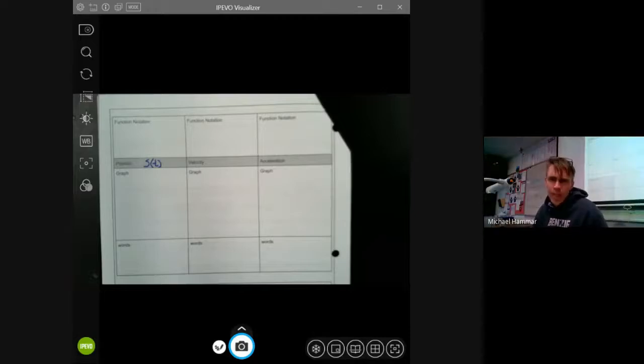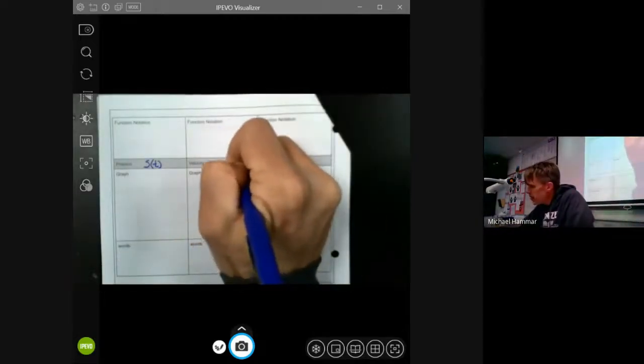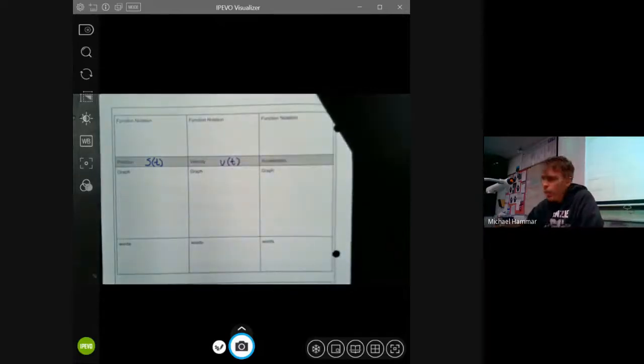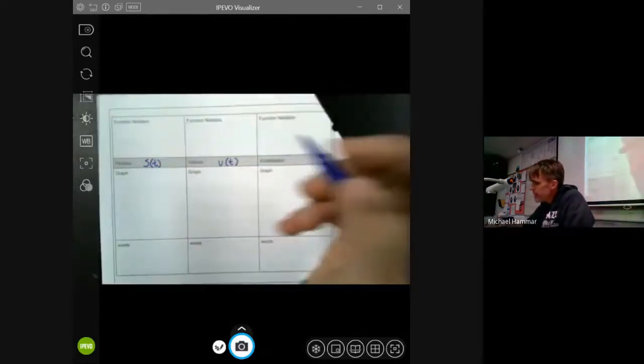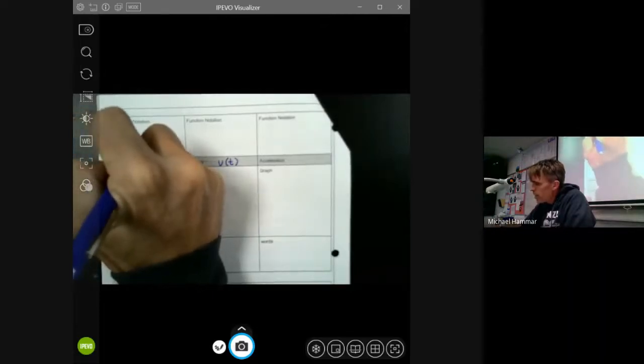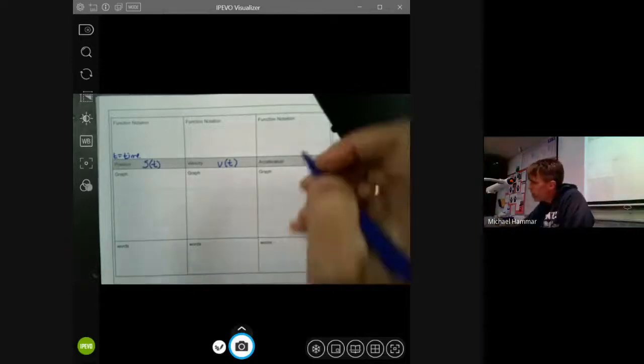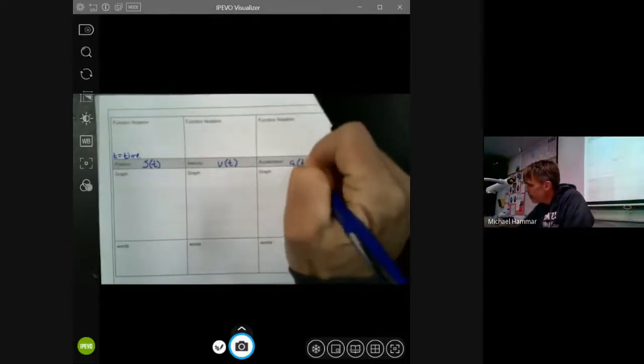Velocity is V of t. And the thing you always need to remember is t is representative of time. So t equals time always. And acceleration is equal to A of t.